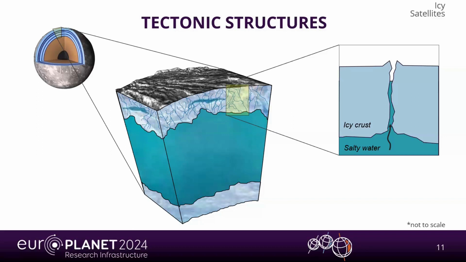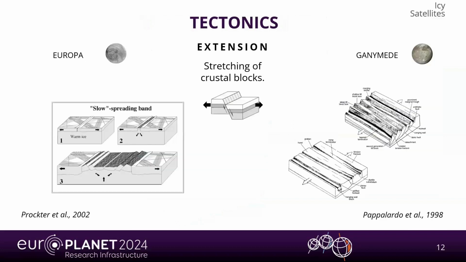So tectonic activity is strictly related to extensional and strike-slip regimes. Extension is the stretching of the crust that has been identified on all icy satellite surfaces. These are two of the many examples that we have on Europa and Ganymede, for instance.